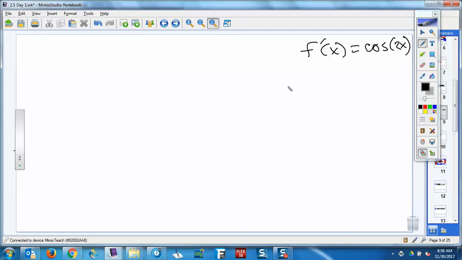So we had the Boomtown problem, P prime equals 50,000 times 0.98 to the t times ln 0.98. That's a differential equation. Now, big deal, that doesn't seem interesting at all. Well, here's where it gets interesting, and here's where engineers and people like that really work with differential equations, anything that has to do with rates.